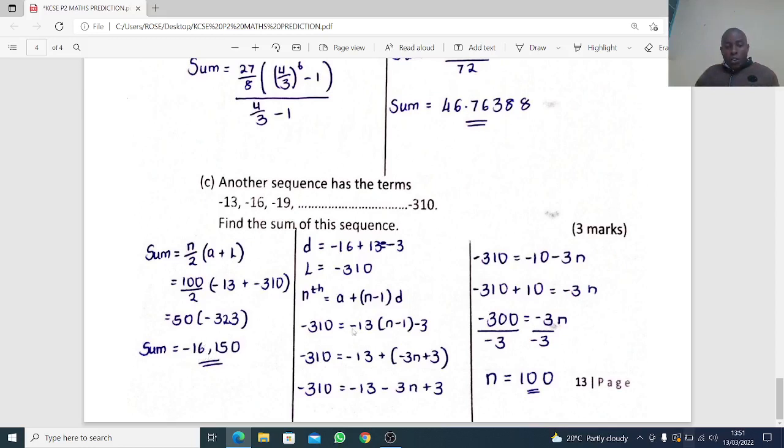The task was to find the number of terms, which was 100, after knowing that d is negative 3 and l is negative 310, using the formula for the nth term, a plus n minus 1 into d.